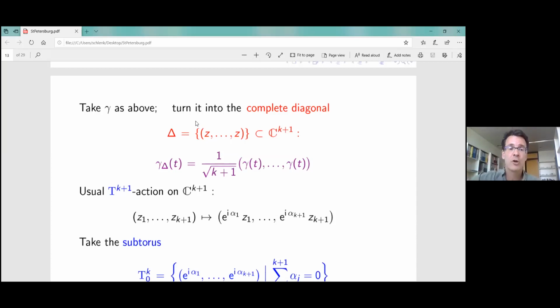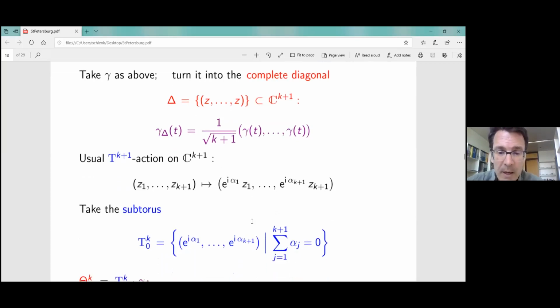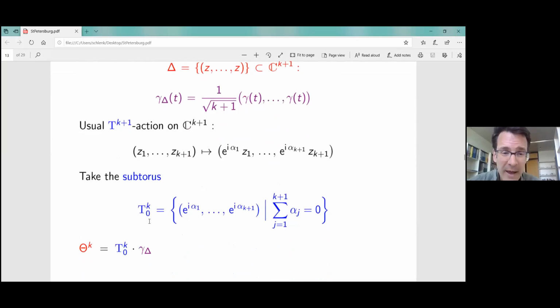So now on this curve, the (k+1)-torus acts in the usual way, right? And therein, you take a certain subtorus given by the condition that the alpha_i should add up to 0. And now when you take the orbit of this subtorus on this previous curve viewed in the total diagonal, you get exactly the thing before.